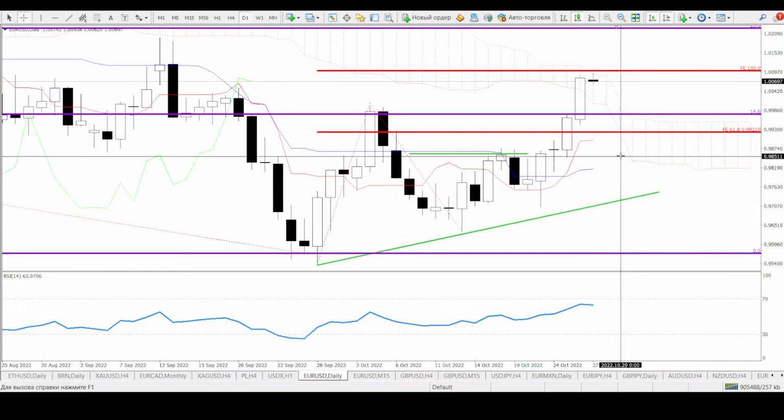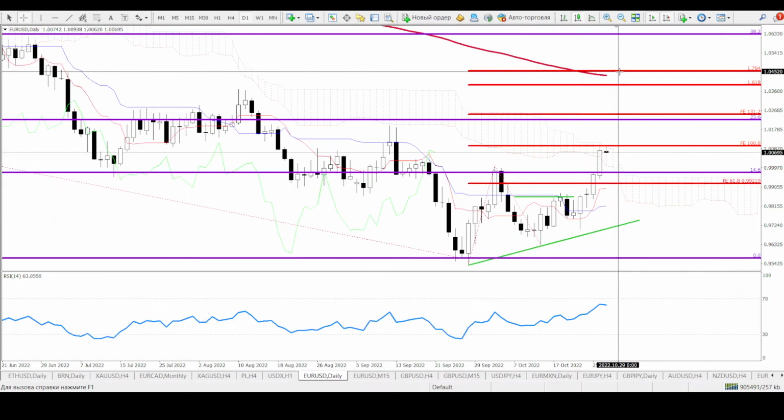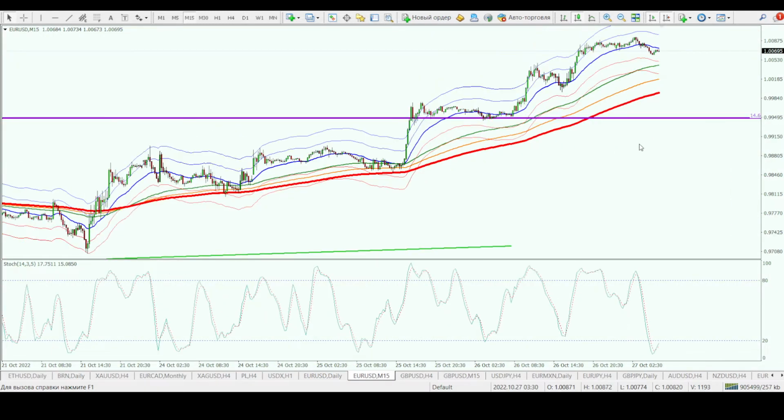So I wouldn't sell Euro right now, because if they break 1.01, they will go 150 pips more. You got to be aware of that. For Euro Dollar intraday on 15-minute chart, what you can do is follow the general tendency, which is upgoing tendency.